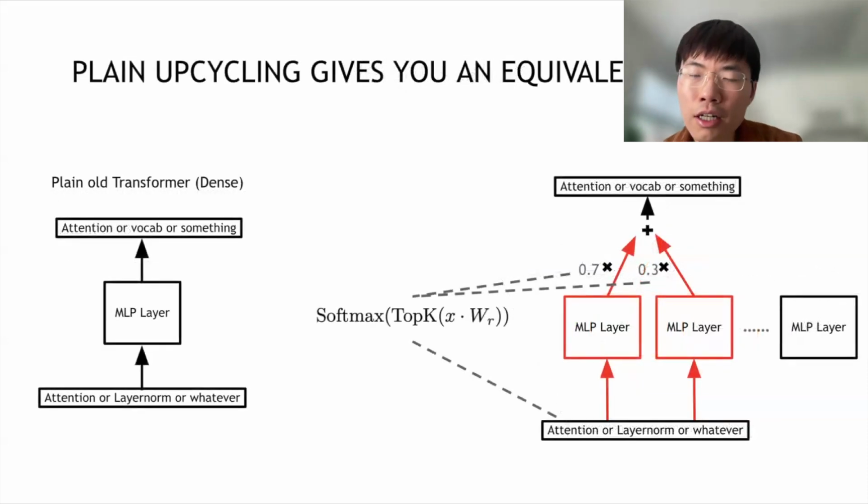And this is how Mixtral 8x7B solves the problem, because they switch the order of the top K and softmax. The probability sum within top K is always 1. And given the MLP layers are the same, the output produced by the model is exactly the same as the original dense model.